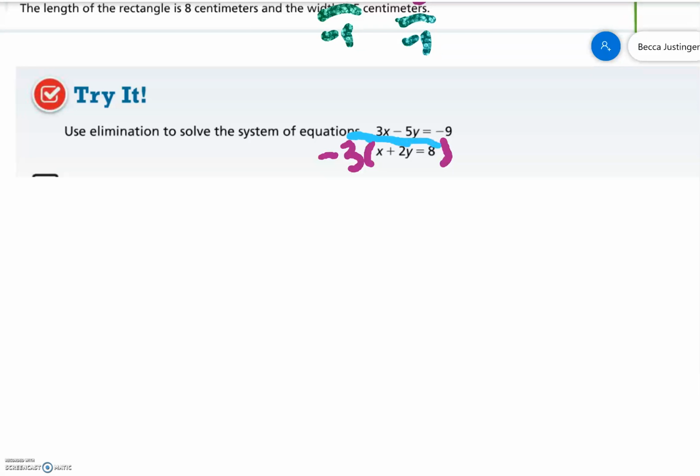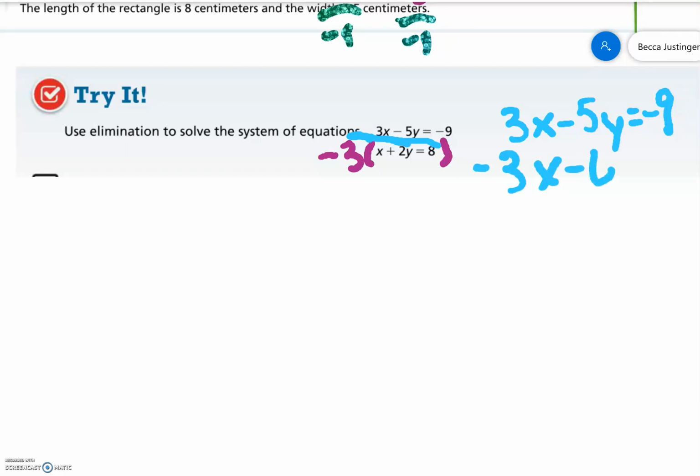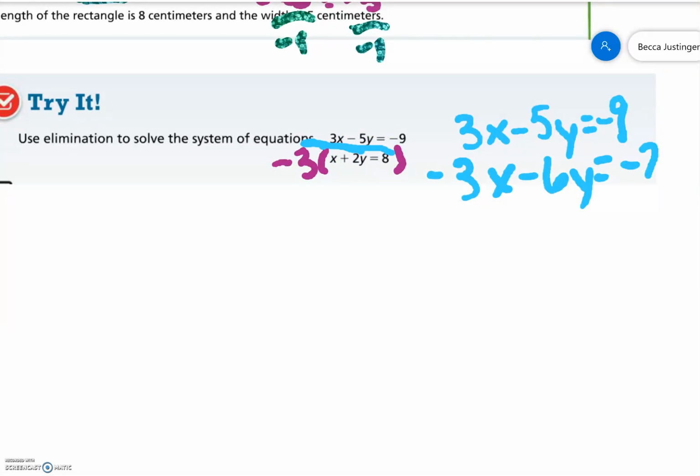So we're going to distribute to everything. Rewrite the problem. 3x minus 5y equals negative 9. Because nothing happened to the first equation. Now we distribute. Negative 3x, negative 6y equals negative 24. Now we can add. 3x plus negative 3x cancels out.